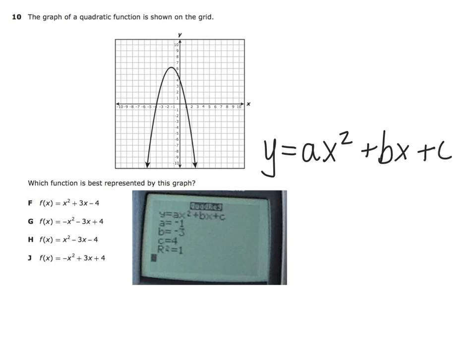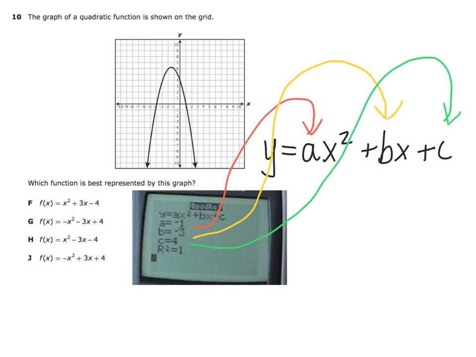For the A, I'm going to put a -1. For the B, I'm going to put a -3. Let's put that in a color we can see. And then for the C, I'm going to put +4.